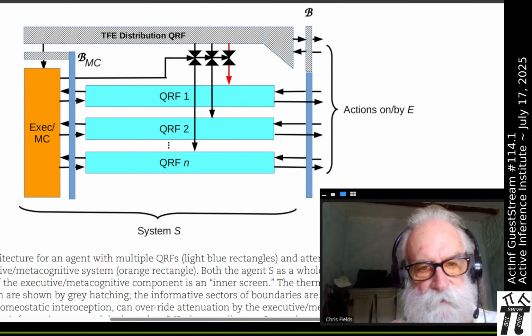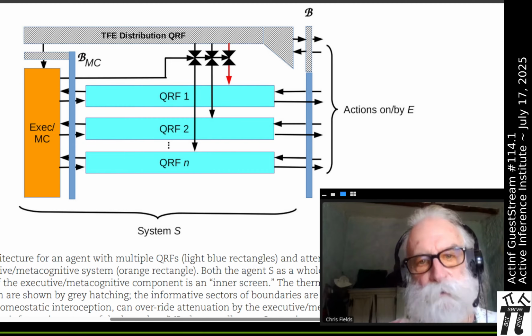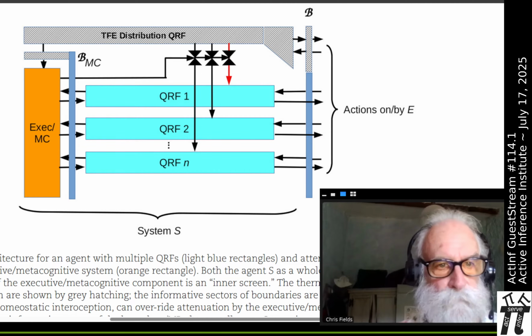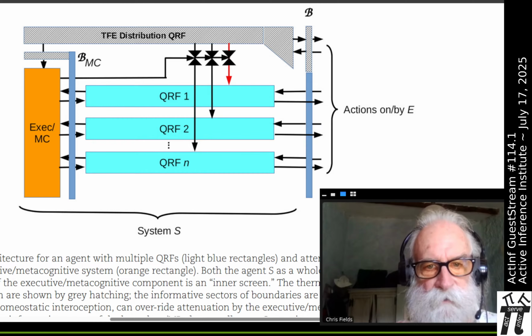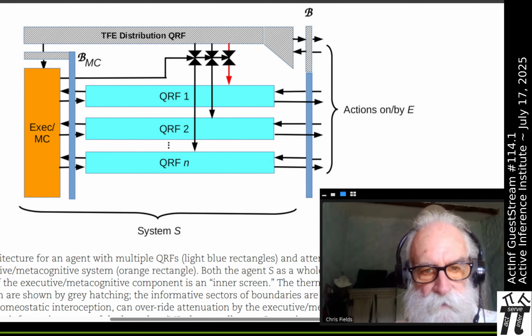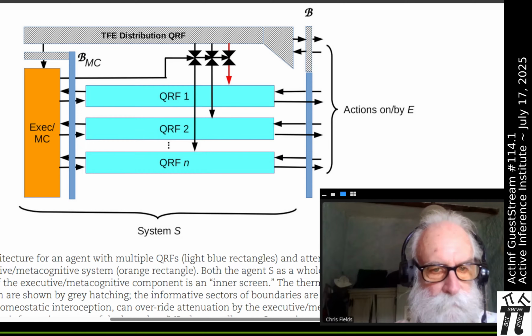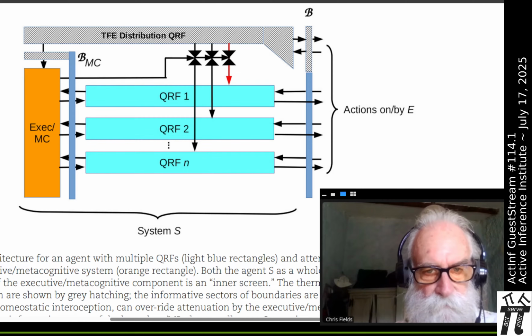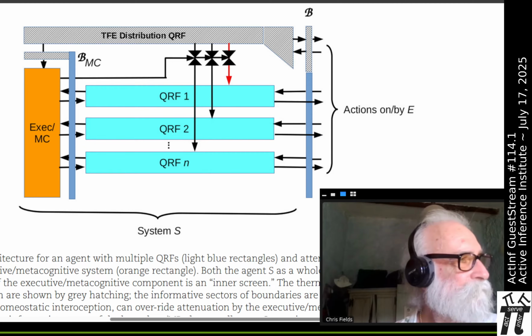So they can experience the data that the meta controller writes in their boundaries. And these black things that look like valves at the top indicate the flow of control, i.e. the flow of energy, resources, memory, precision, whatever you want to call it, from some resource pool to these perception action loops or QRFs.